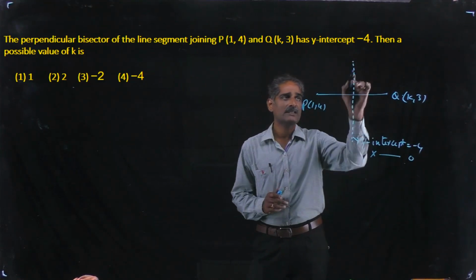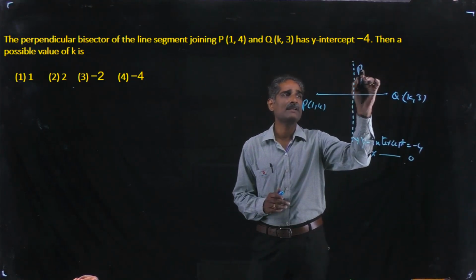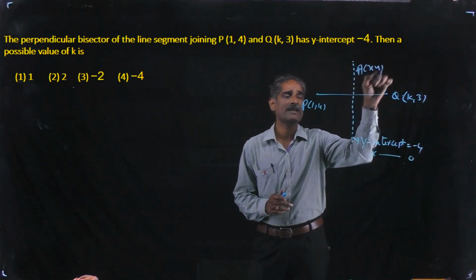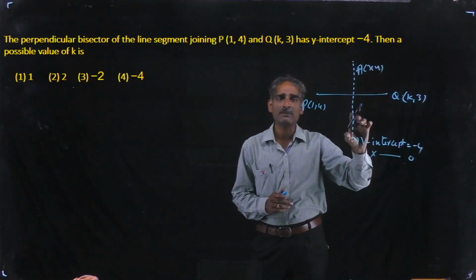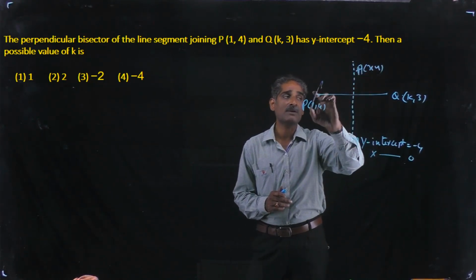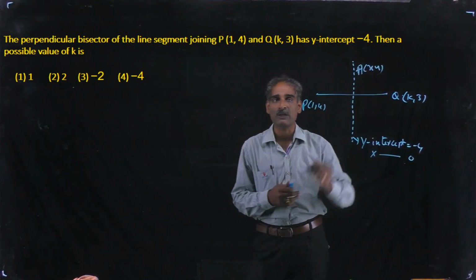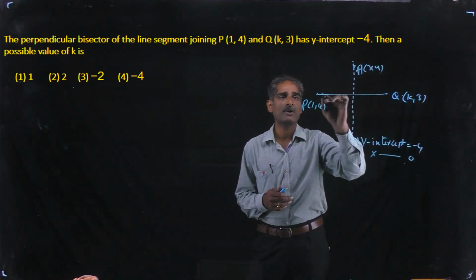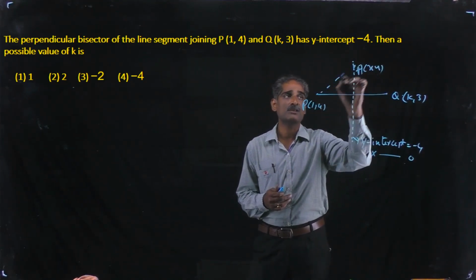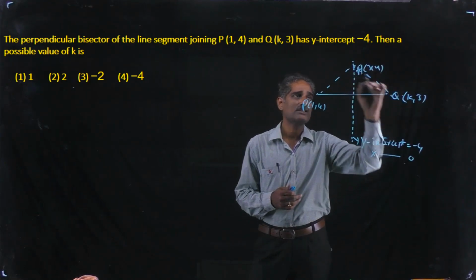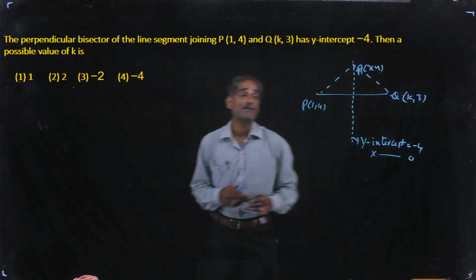Let us take a general variable point, some A(x, y). If it is on the perpendicular bisector, the distances from the two points to this point are equal. So this is the perpendicular bisector, and A has equal distance from P and Q.